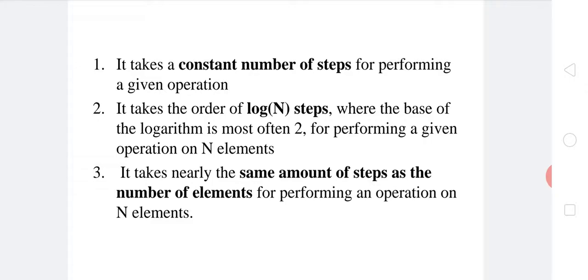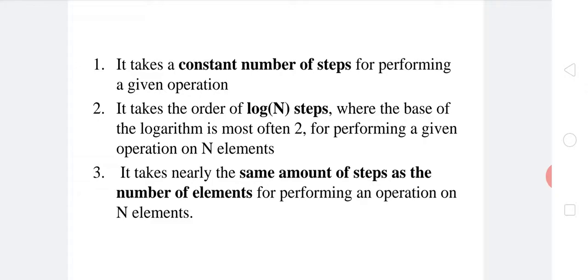For example, if n is equal to 10, the exponential function 2 raised to n has the value 1024. If n is equal to 20, it has the value 1048576, and if n is equal to 100, it has a value of a number with about 30 digits.